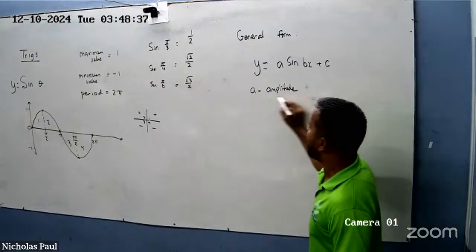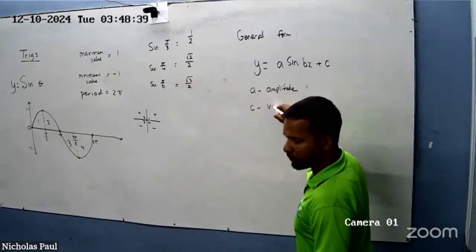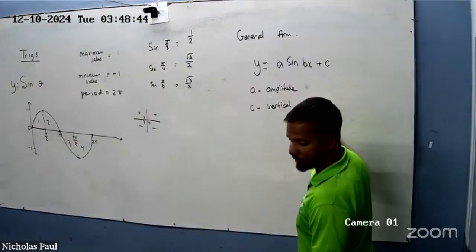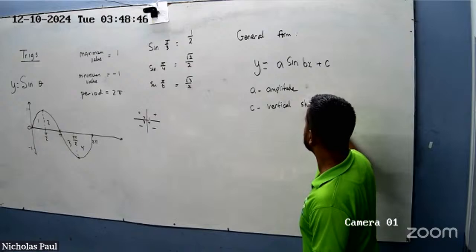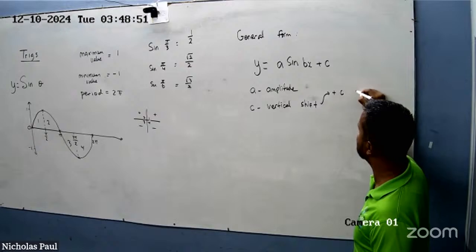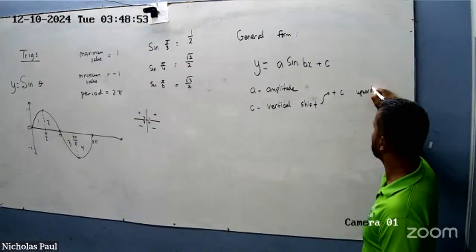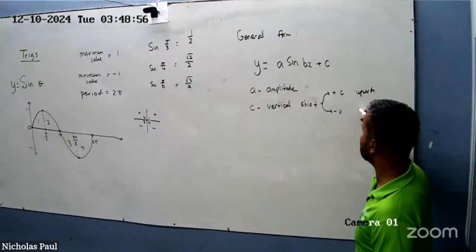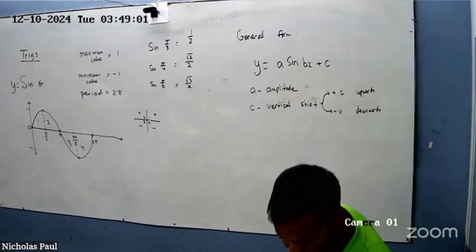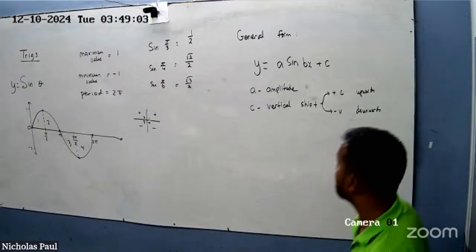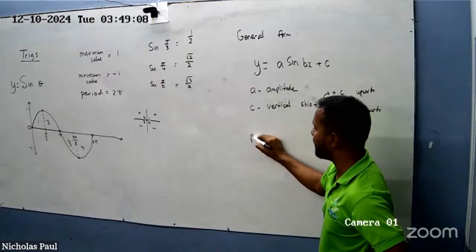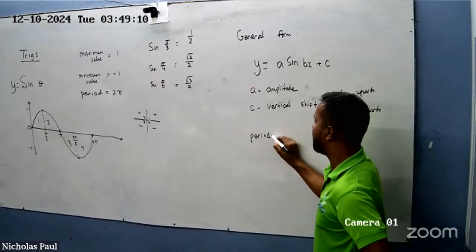Okay. The C gives you the vertical shift. Of course, we know that plus C is upwards and negative C downward. And the B helps us find the period, right?